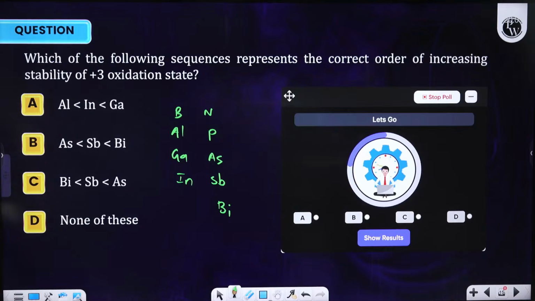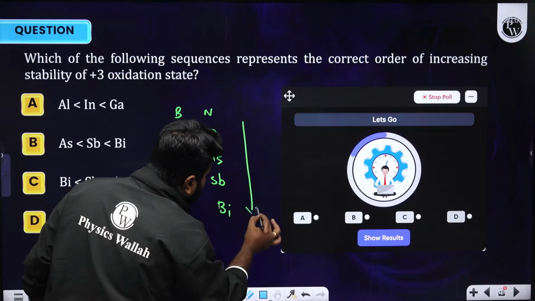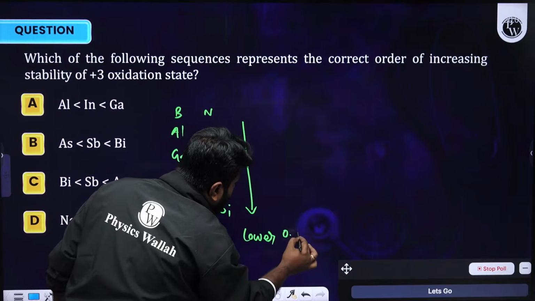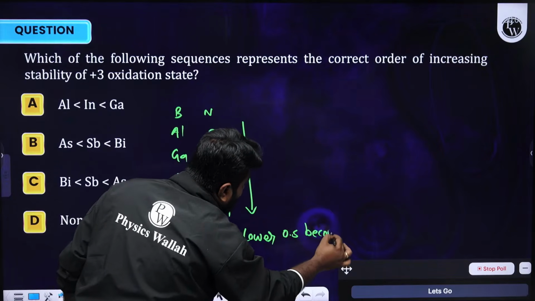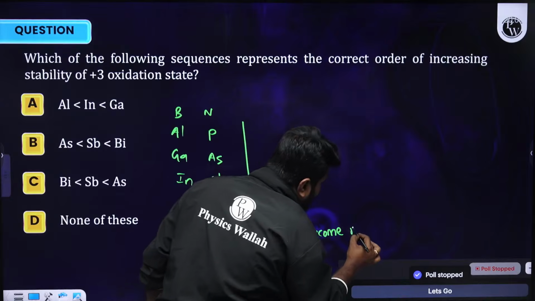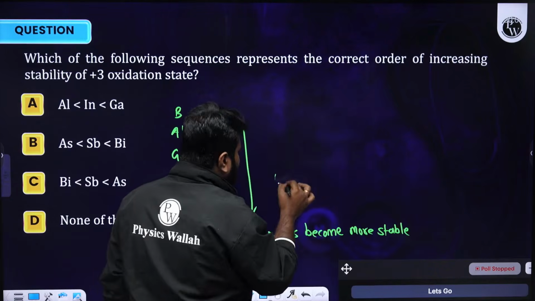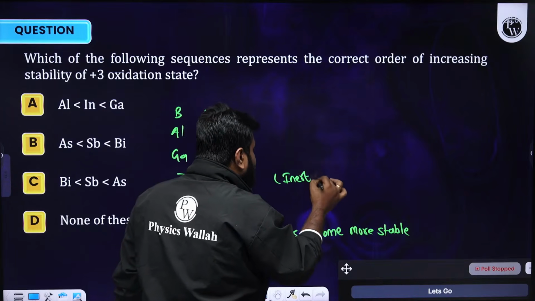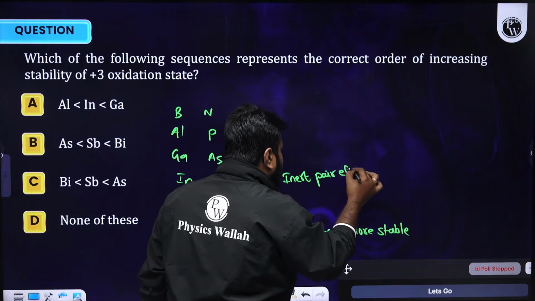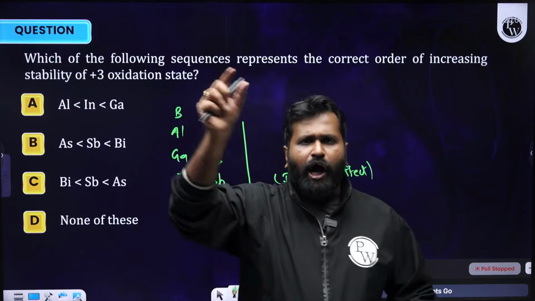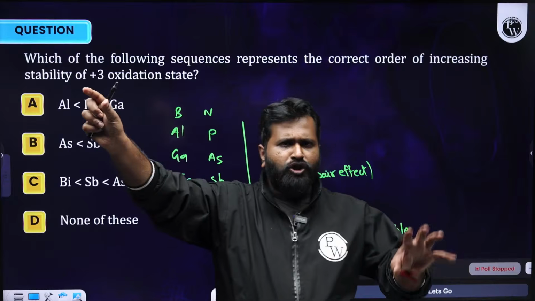On moving down the group, what will happen, my dear students? Lower oxidation state becomes more stable. So automatically, which effect is present there? Inert pair effect. What is inert pair effect, sir? Imagine the outermost electron is there, and the nucleus is there.